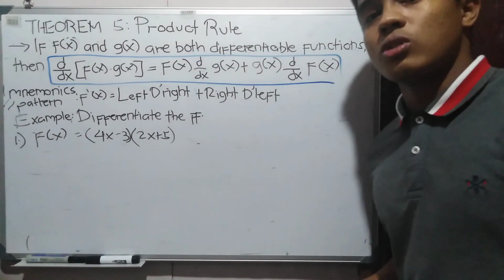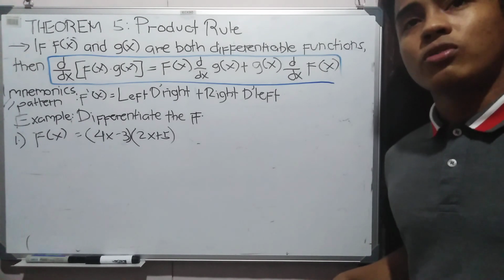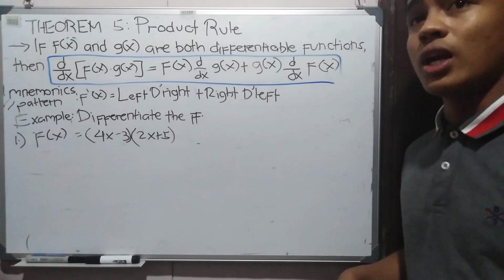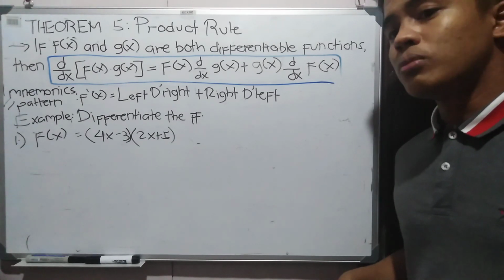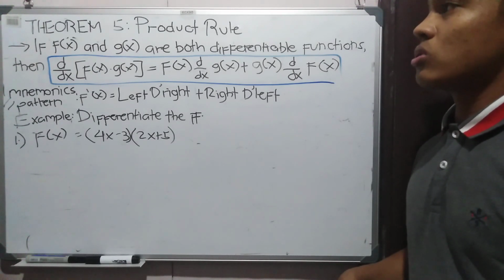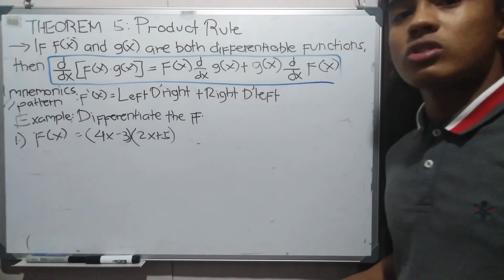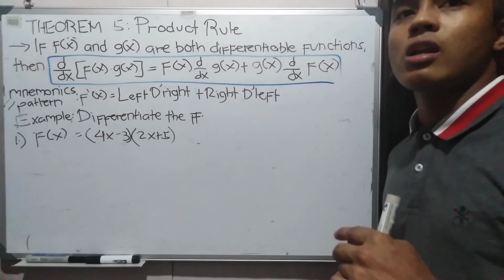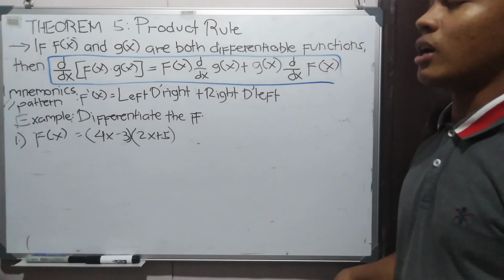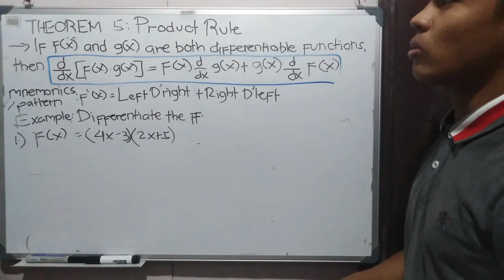Okay, so let's proceed with theorem number 5, which is product rule. In theorem number 4, in sum and difference rule, operation na involved doon, of course, is addition and subtraction. Okay, so in theorem number 5, from the term product, obviously, ang ating ini-imply na operation is multiplication. Okay, so let us define first the product rule.